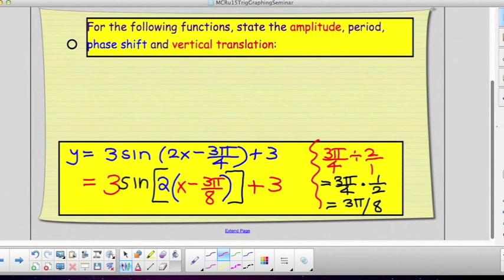So that's the true equation. And remember that this term, which also represents a horizontal compression, is your k term.